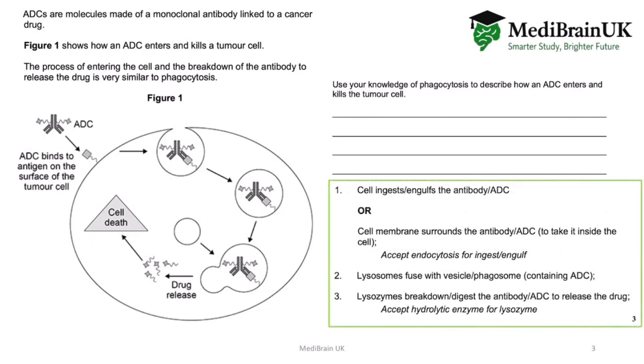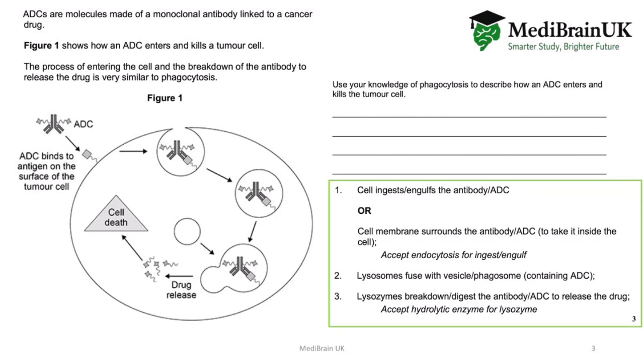The purpose that I've put this exam question as a recap is just so you can get familiar with the mock scheme and the process of phagocytosis. So this is an application exam question. This is not a direct phagocytosis exam question, but as you can see, even for application exam questions, the mock scheme is exactly the same.